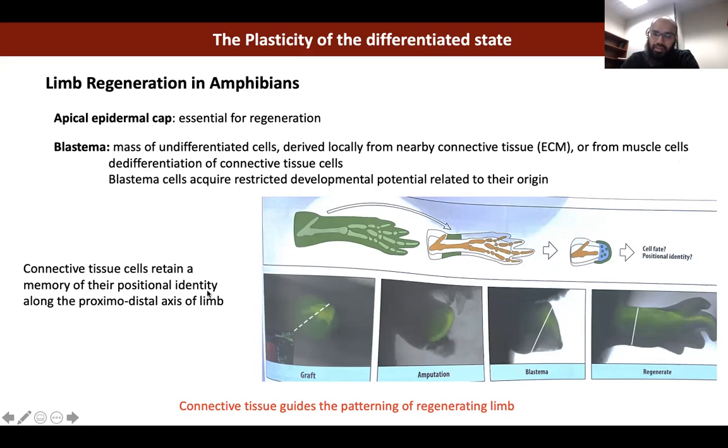That is nicely demonstrated by this experiment. They made transgenic animals. Transgenic animal means that they change one of the genes in this salamander and make it fluorescently labeled.